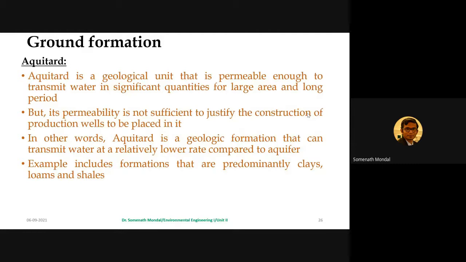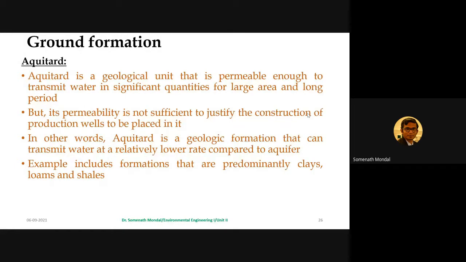Next, the another type of situation, and based on that, we have different type of formation, and that is what is known as aquitard. Now, let me explain you the situation where, in a geological unit that is permeable enough to transmit water in significant quantities for large area and long period. But its permeability is not that sufficient to justify the construction or production of wells to be placed into it.